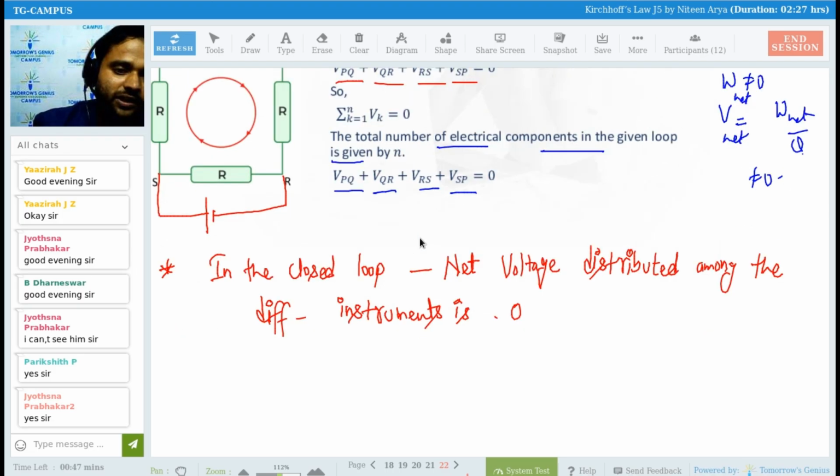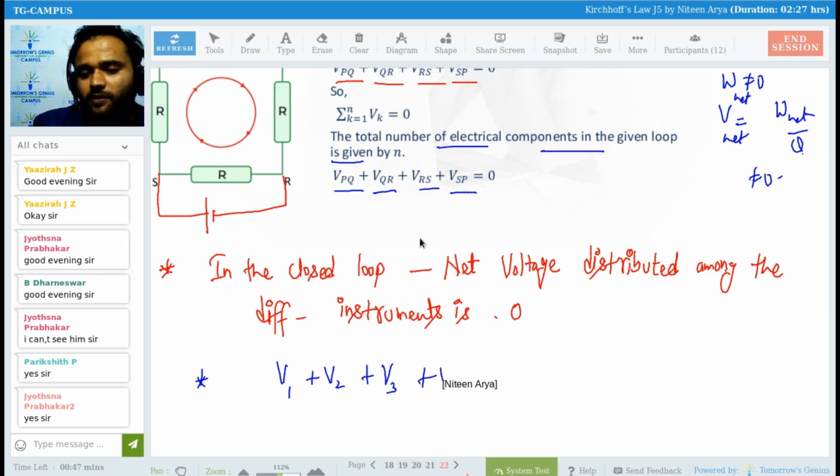The meaning of this you will understand in question format, but V1 plus V2 plus V3 plus V4 and so on is 0. And more generally, the sum from i equals 1 to N of Vi is 0.